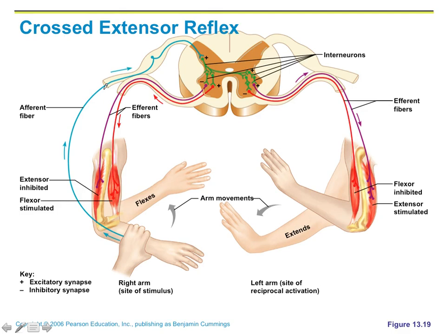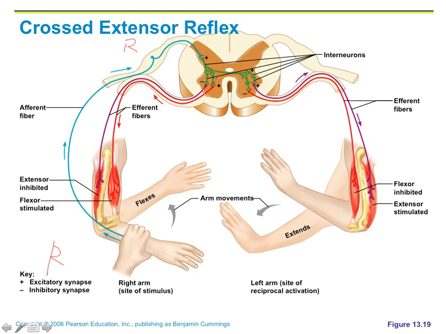First it will send to the ipsilateral side. If this is the right side, it will send to the right side of the spinal cord and synapse with the integration center.